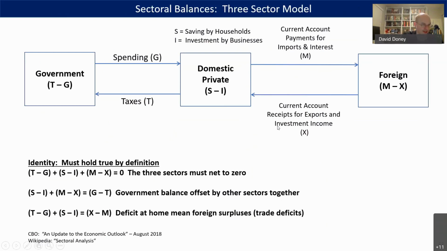I also mentioned the current account or investment income. The private sector sits in the middle. The government is either injecting money or taking it out, and the foreign sector is either taking money or giving it back. If we're exporting to them, they're paying us, and if we're importing from them, we are paying them. That's another way of looking at the math.